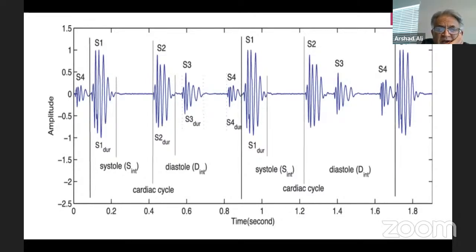So if you want to master the art of cardiac auscultation, forget about everything else and think about S1 and S2. The first heart sound and the second heart sound, that is the systole. And the second heart sound and the first heart sound, that's diastole. So between the first and second heart sound, there are no other normal sounds.